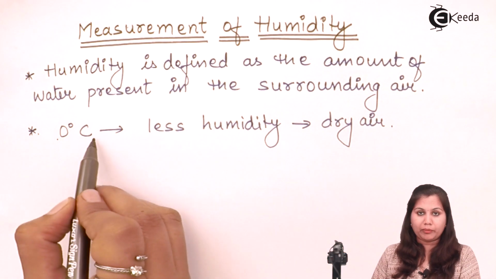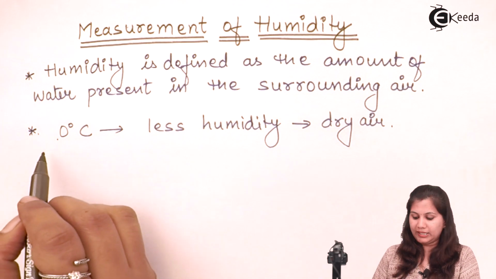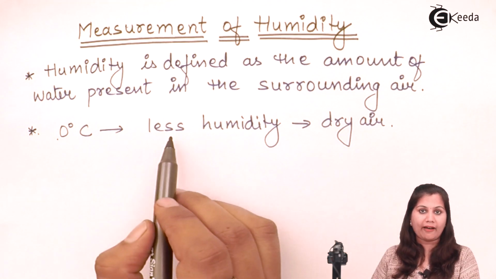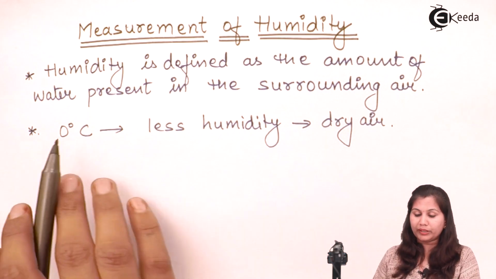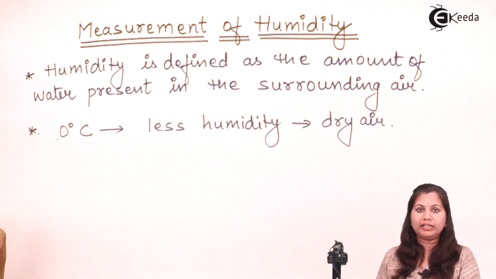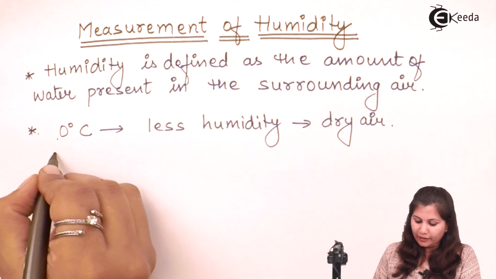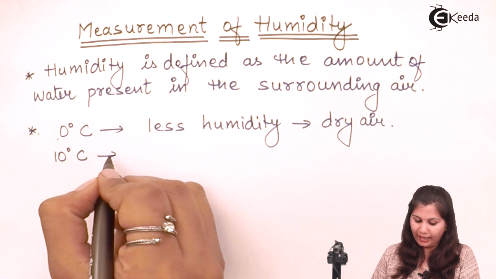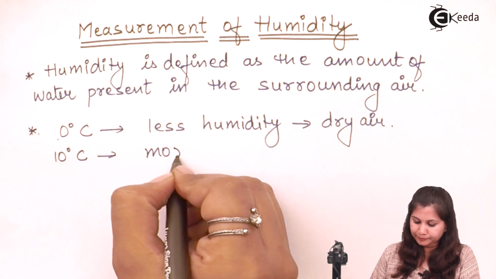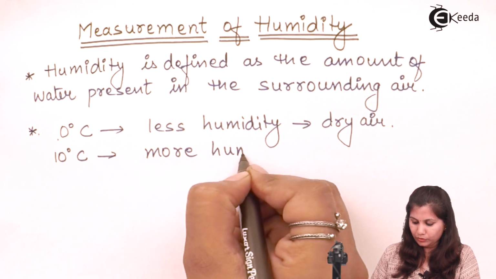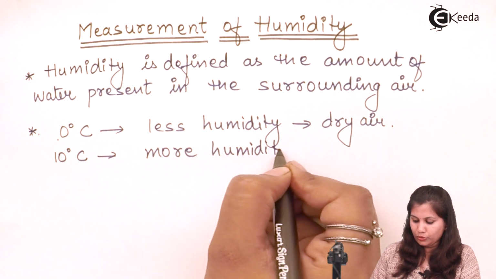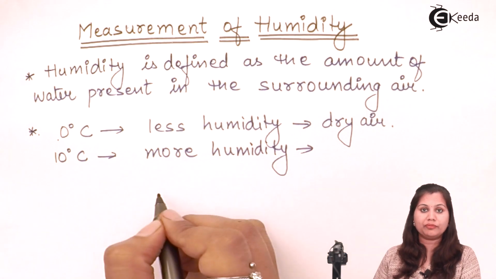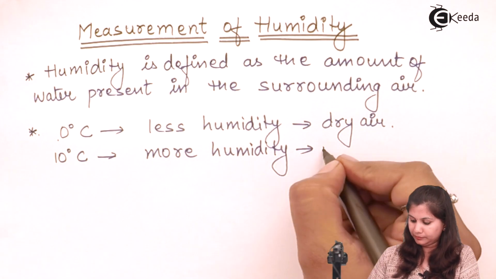In that type of environment, we will feel comfortable. But if the temperature is 10 degrees Celsius and we have more humidity, then at that temperature we will feel uncomfortable.